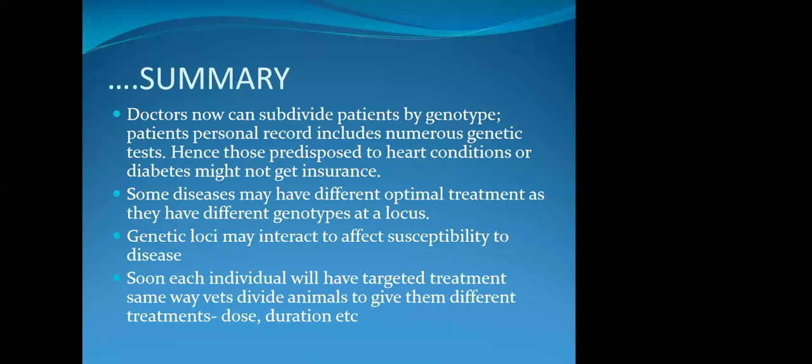The other thing is some diseases may have different optimal treatment. This is being seen especially with certain cancers, whereby targeted therapies are now being given. For example, there is a disease whereby there's increased proliferation because of mutations that ensure the protein product acts like a growth hormone or something that ensures the cells keep on proliferating.